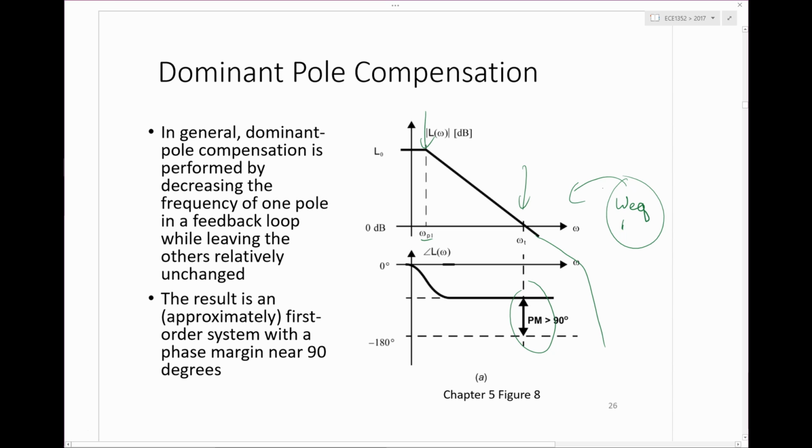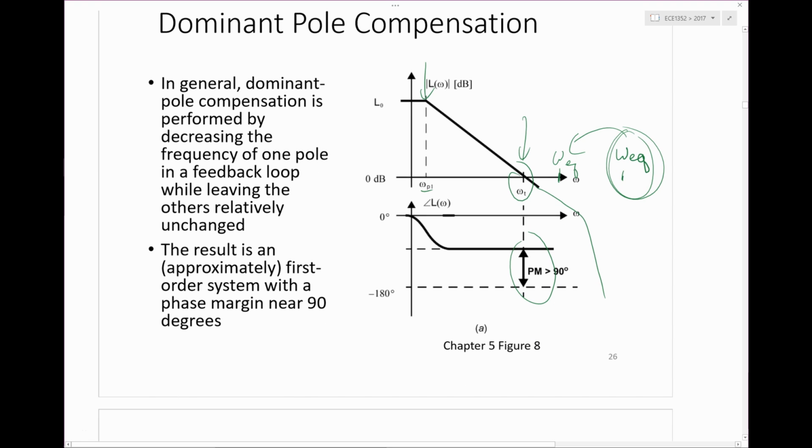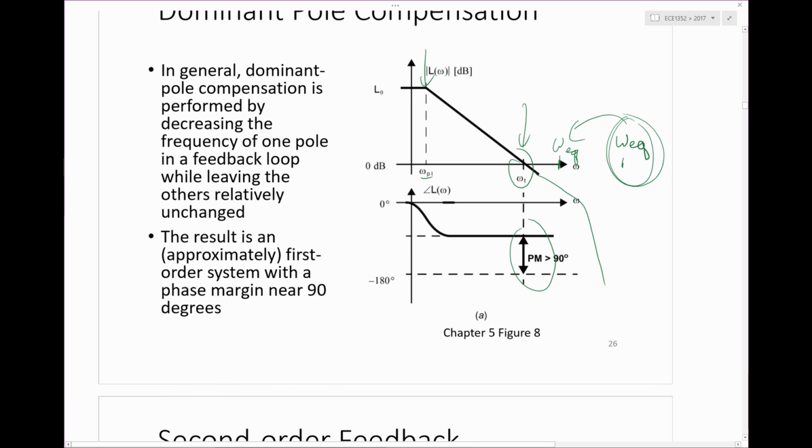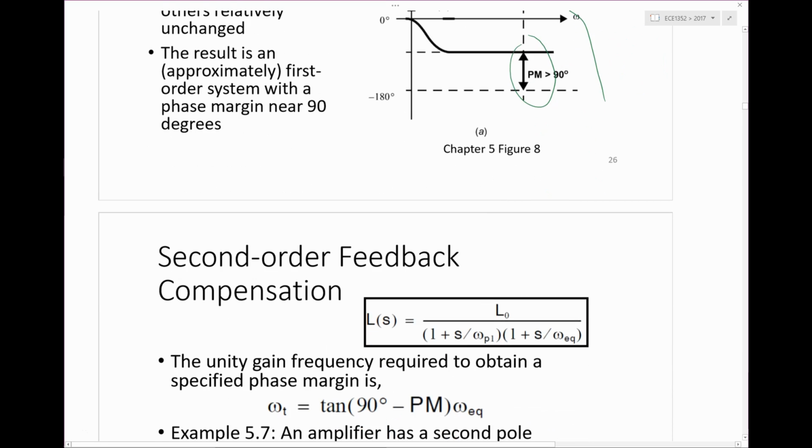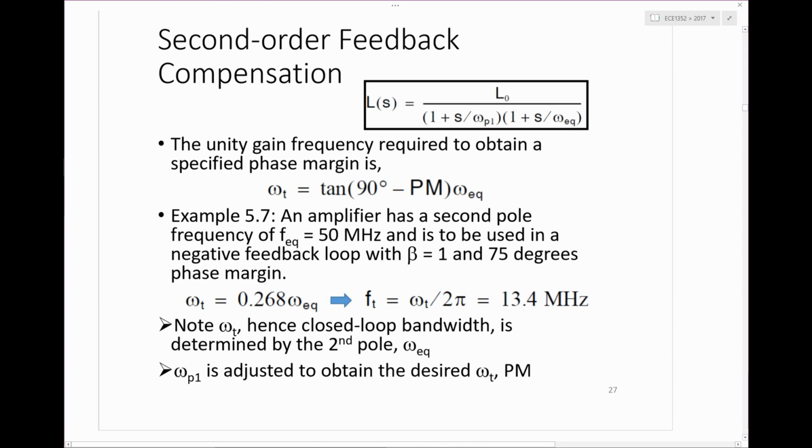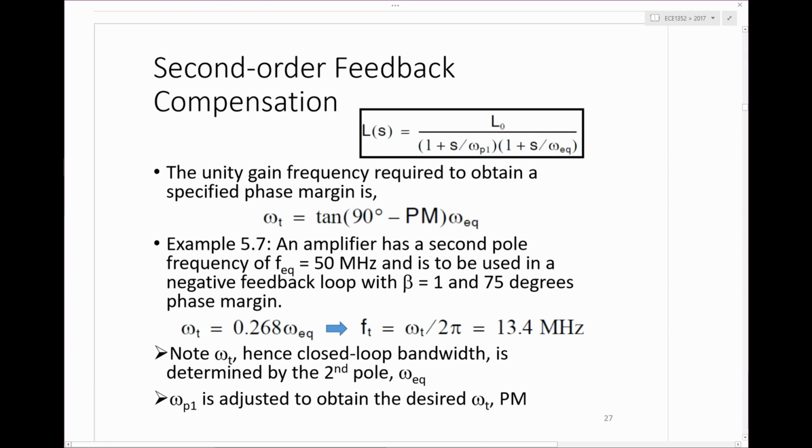Because if omega t only needs to be here, then I'm okay even if omega EQ creeps all the way down here, and I still will have 85 degrees phase margin. So you might as well do that. It may arise sometimes with a really easy set of specs that anything will do, but it's kind of an indication that there's some over-design somewhere.